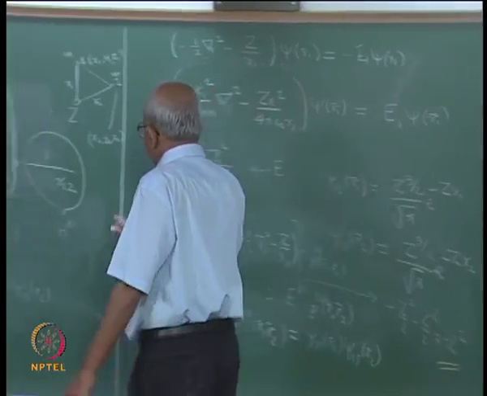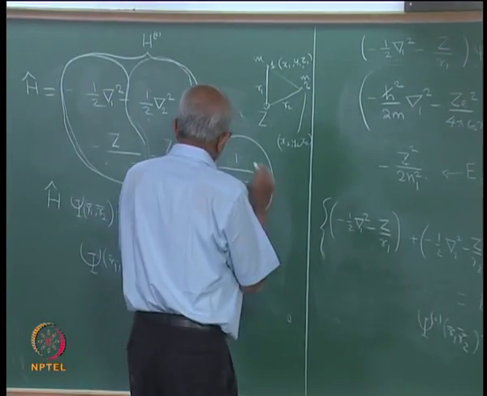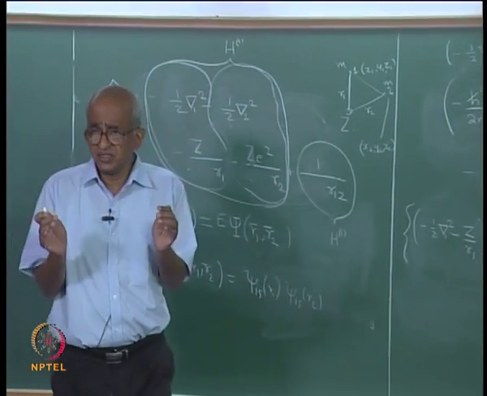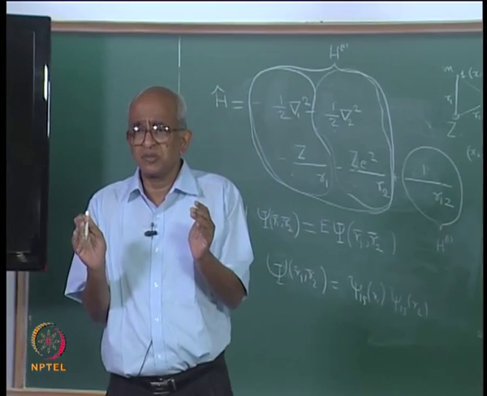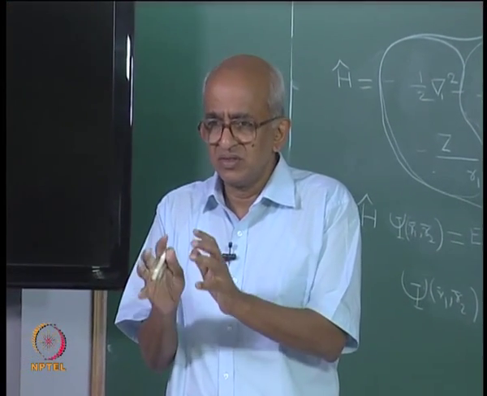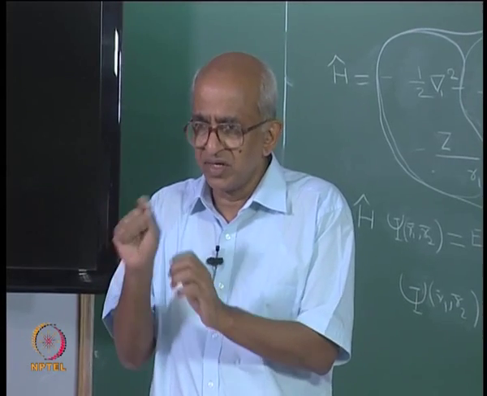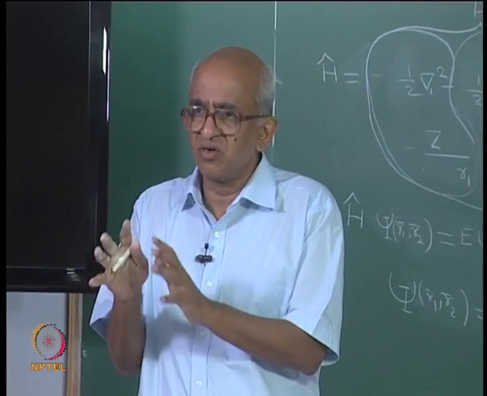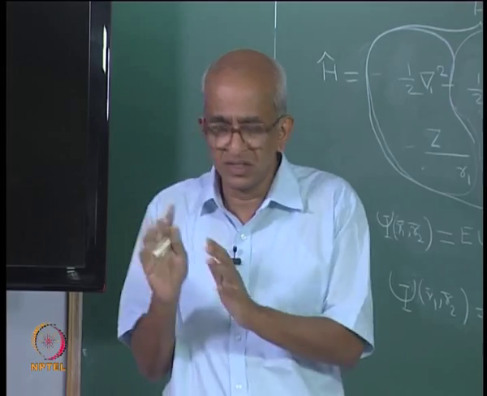My H1 is given by this expression. The first order correction to energy is nothing but the expectation value of the disturbance, the expectation value of that part of the Hamiltonian which causes the disturbance.